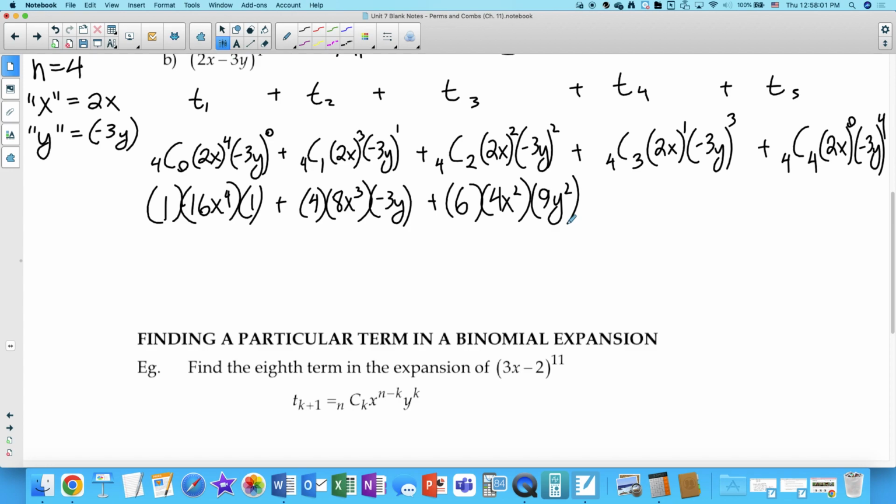Because for the second piece, if the exponent on that negative 3y is even, it will become positive. Okay. This guy will be 4 times 2x times negative 27y cubed. And then finally, 1 times 81y to the 4.